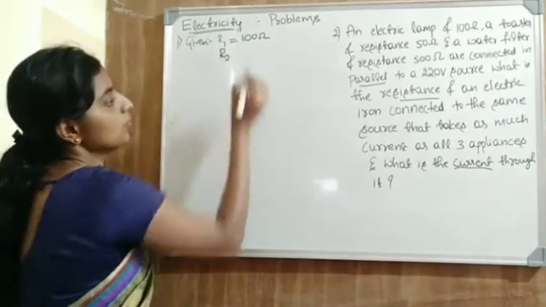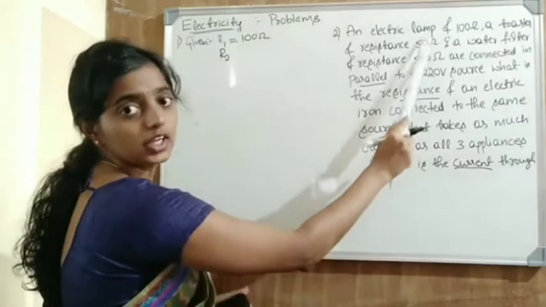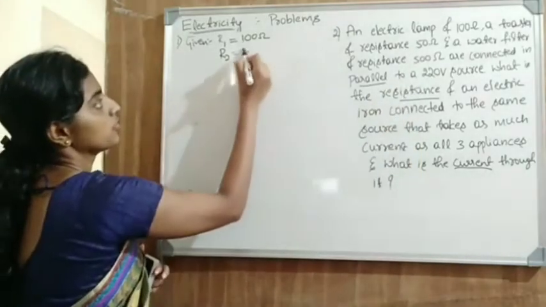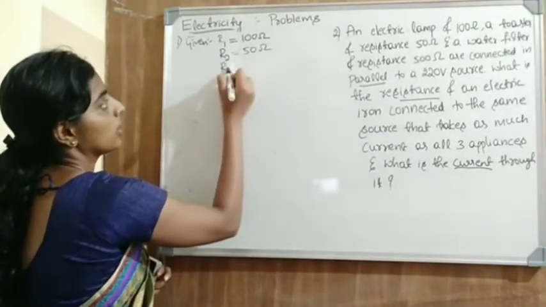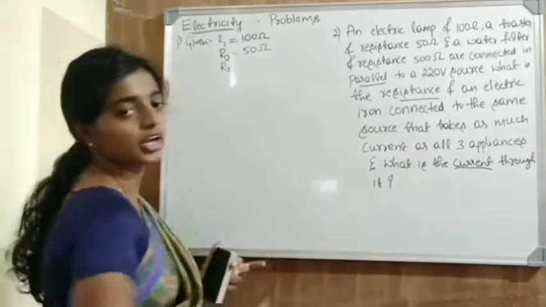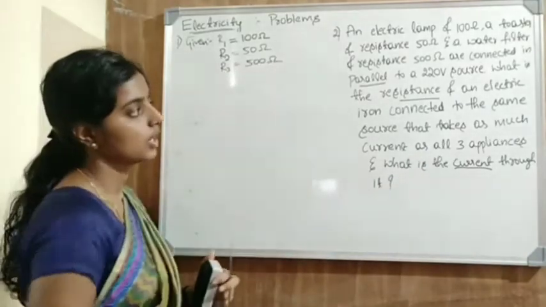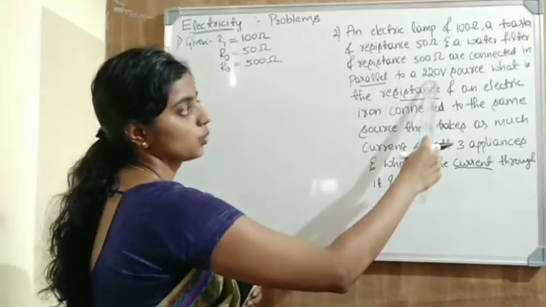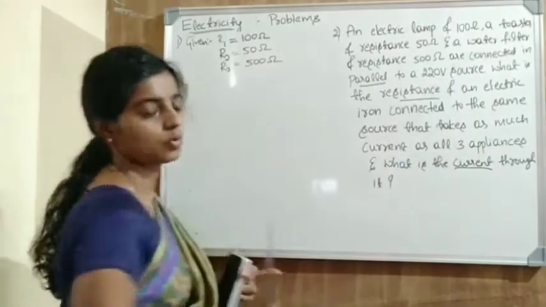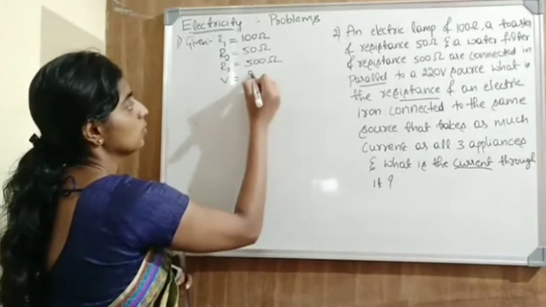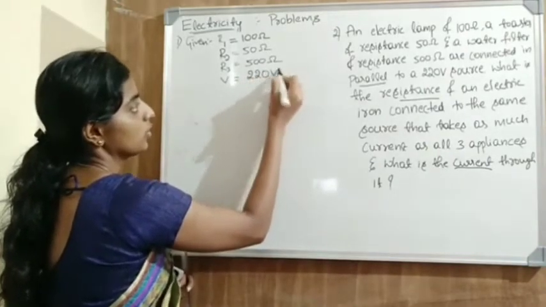What about R2? That is 50 ohm. What about R3? That is 500 ohm. And we have 220 volt of the source. V is equal to 220 volt.